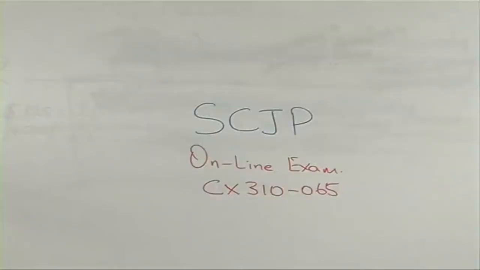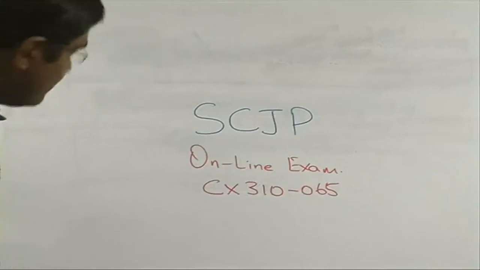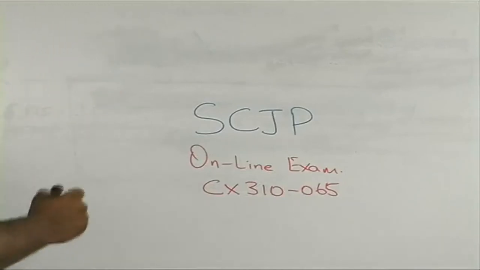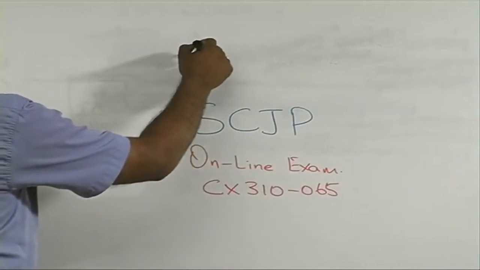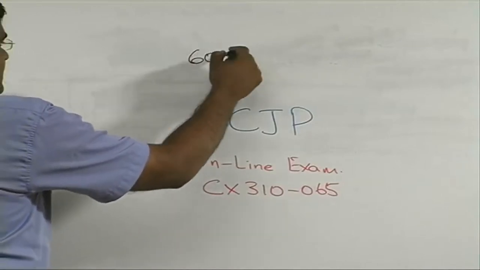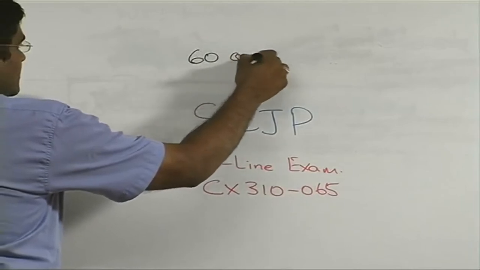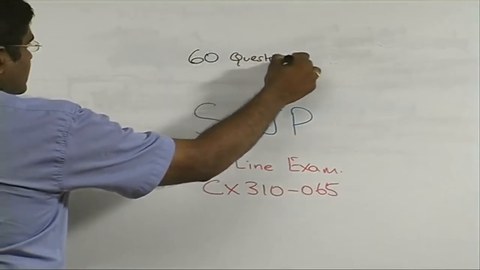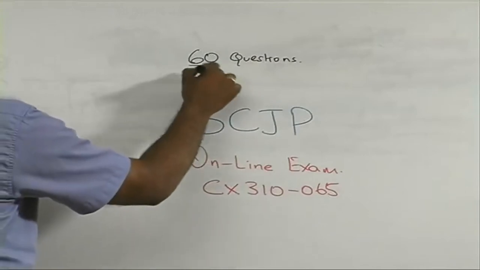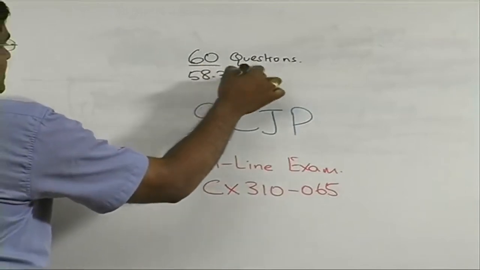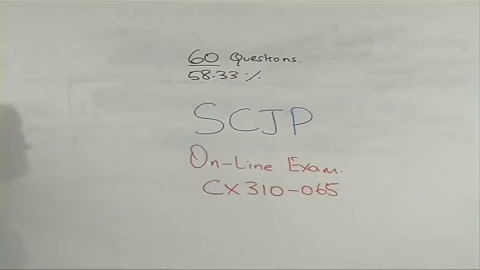So that is an overall view of this examination. We will make those notes here. So of course it's an online exam, you will have 60 questions, and you have to score 58.33% to pass the exam.